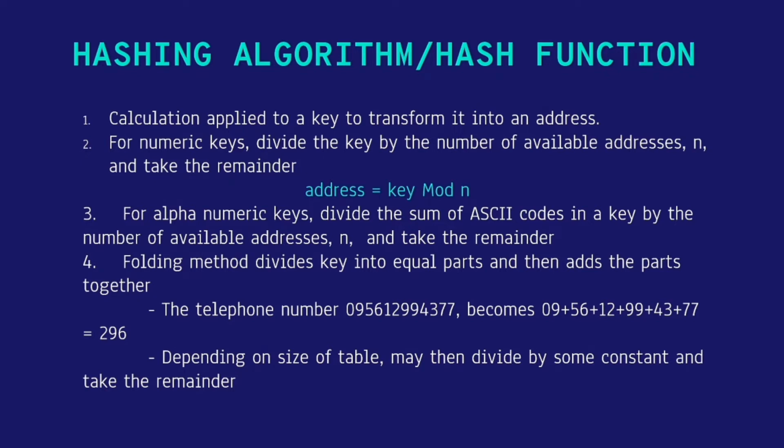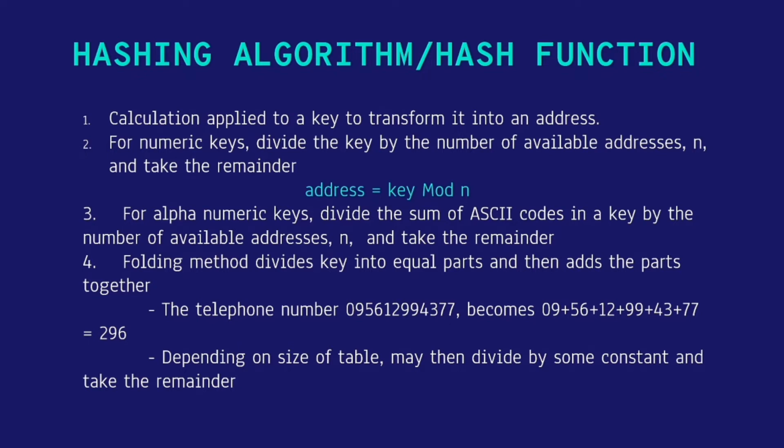Address is equal to key modulus n, where n is the number of available addresses. And as you have seen, for alphanumeric keys, divide the sum of ASCII codes in a key by the number of available addresses and take the remainder. And lastly, the following method divides the key into equal parts and then adds the parts together, just like this one.